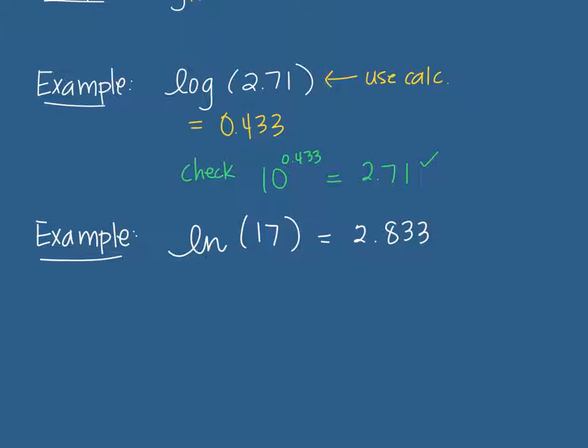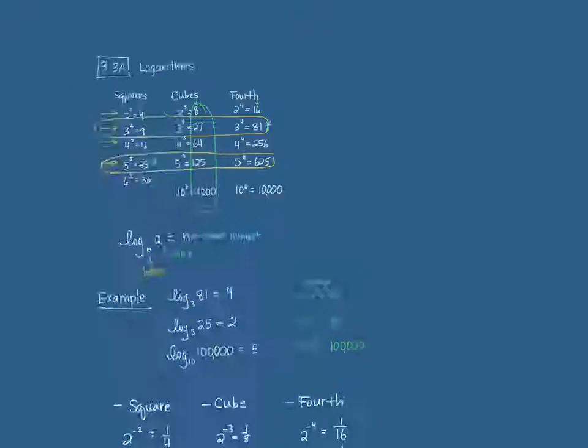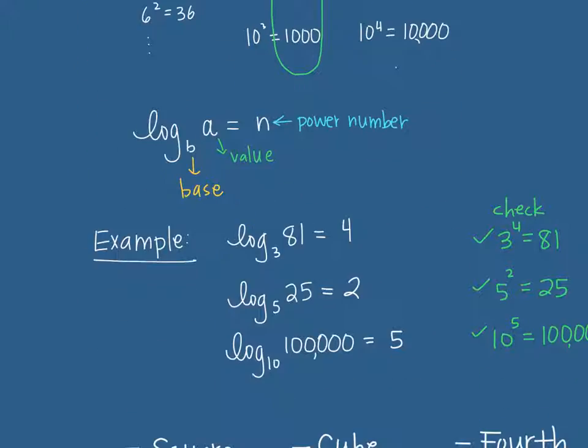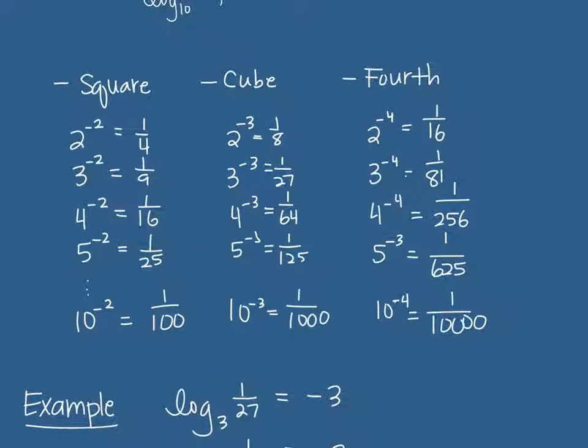It'll make the rest of the chapter a lot easier if you can get these tables that we made, the one for the squares, the cubes, and the fourths, and the one for the negative squares and cubes and fourths, into your memory. Then it's going to make everything we do with exponentials that much easier.